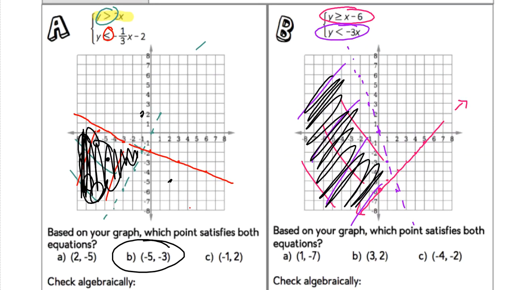So looking at our graph here, let's look at those solutions. 1, -7, that's down here, which is in the purple shaded, but it's not in the pink shaded, so that doesn't work. 3, 2 is up here. It's not in any of the shading, so it is not a solution. -4, -2, that's right there in that shaded area, so that one is a solution.